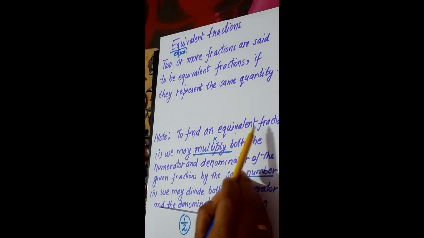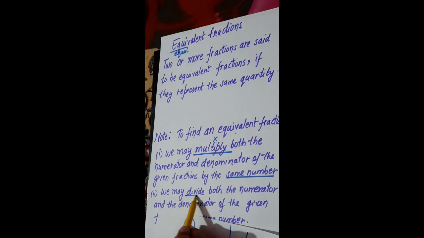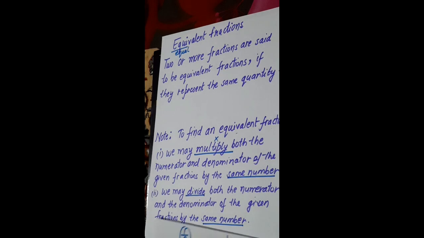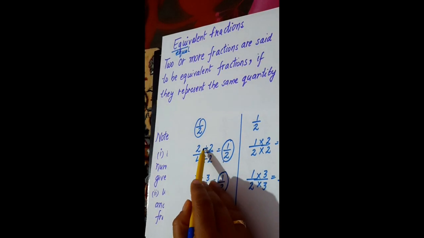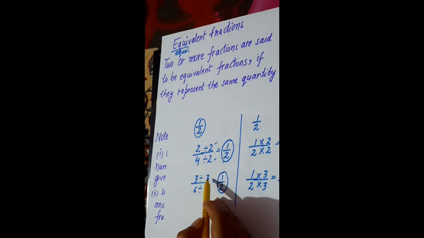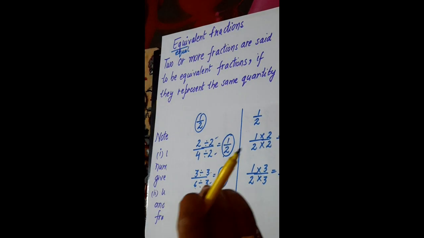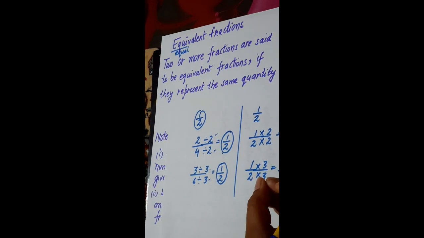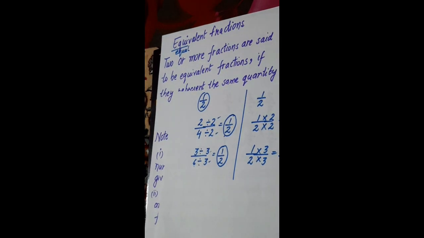Similarly, I find an equivalent fraction by dividing both the numerator and denominator by the same number. So by dividing or multiplying the numerator and denominator by the same number, I will get equivalent fractions.